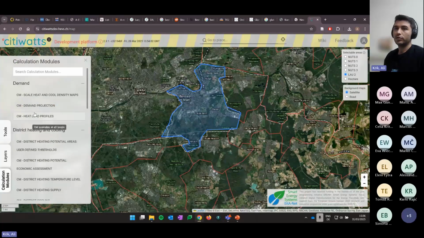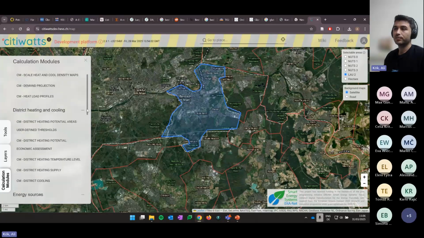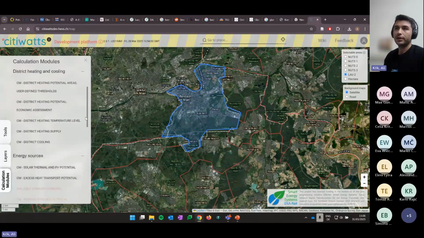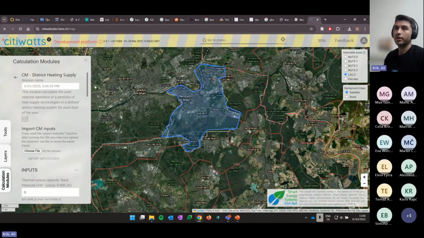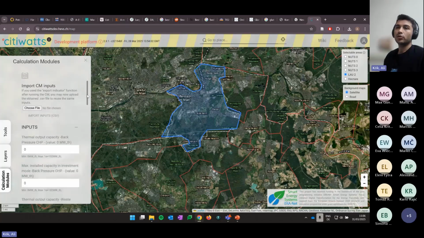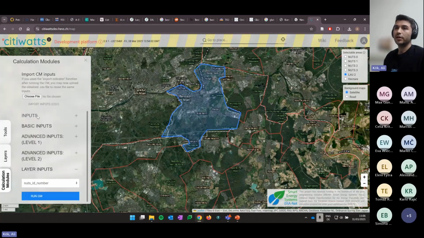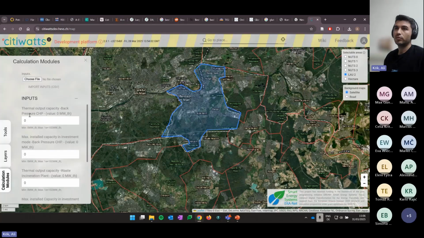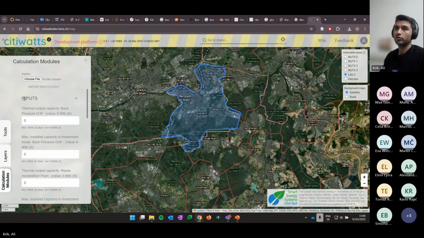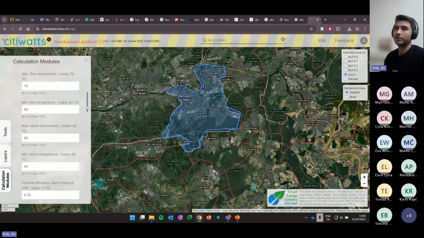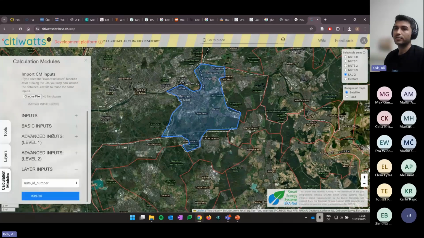Then I go to the calculation modules, and here in the district heating and cooling, we have district heating supply. Here we have different levels of inputs, coming from the most fundamental inputs that you definitely need to check, to some more optional inputs, still relevant but not absolutely necessary, and then some advanced level inputs.